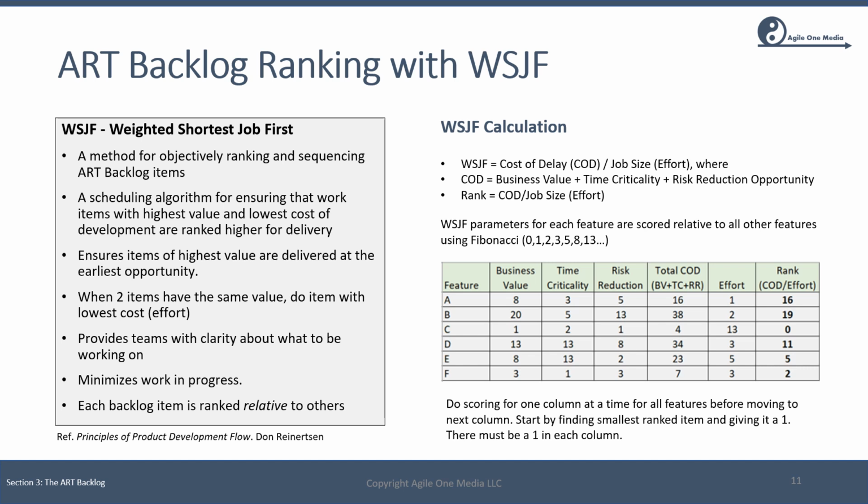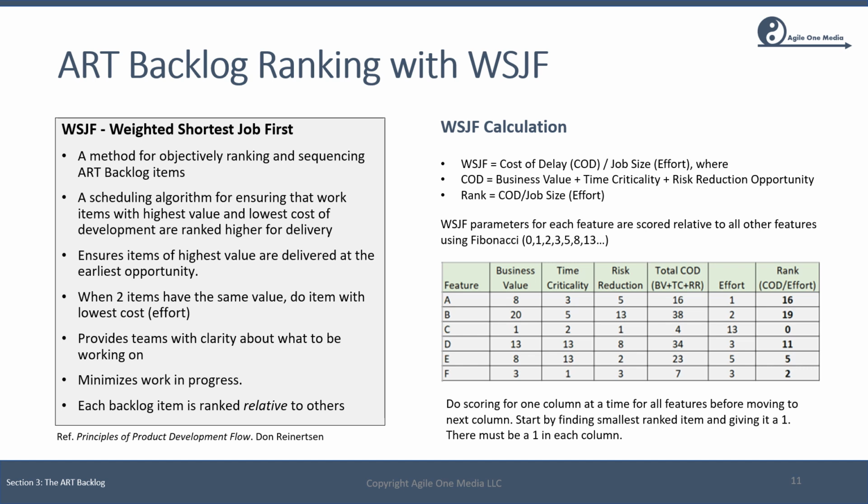Every column should have at least a 1. And then we rank the other features relative to that 1. And we use Fibonacci to provide sufficient granularity and separate out the estimates.